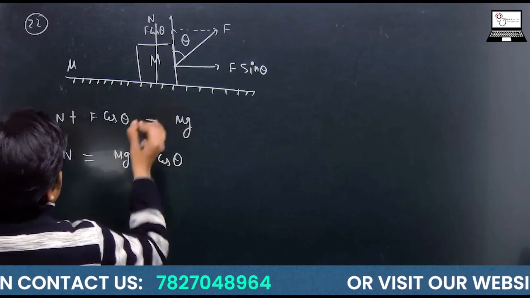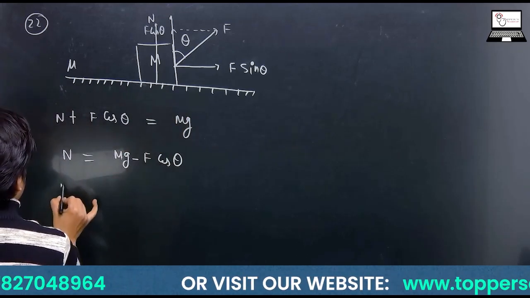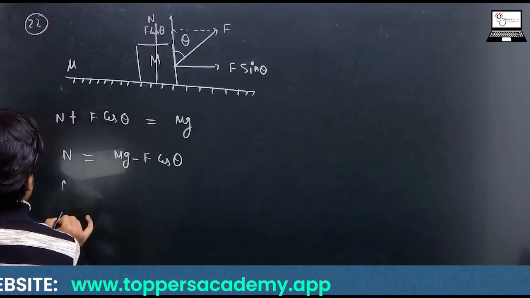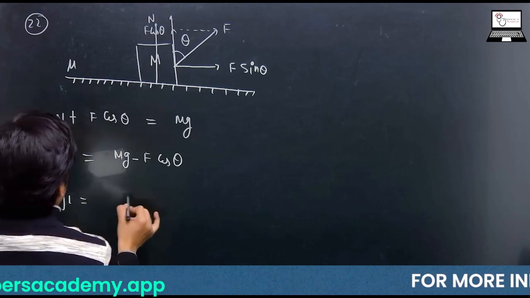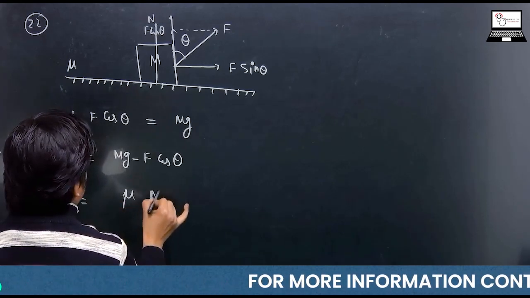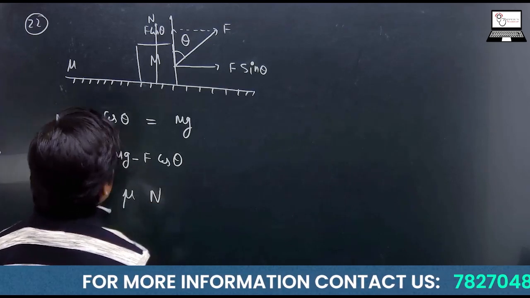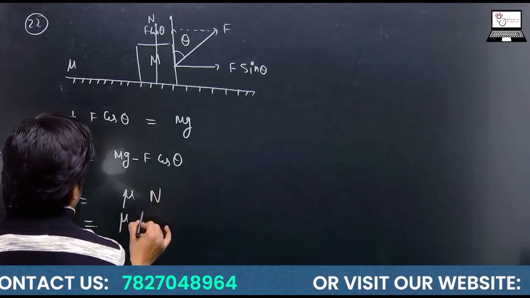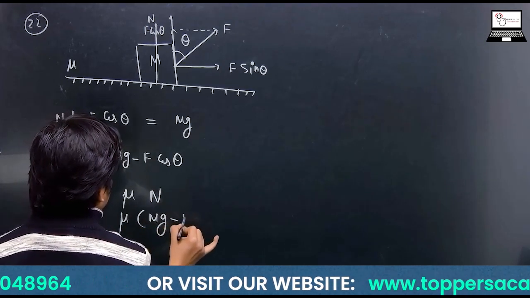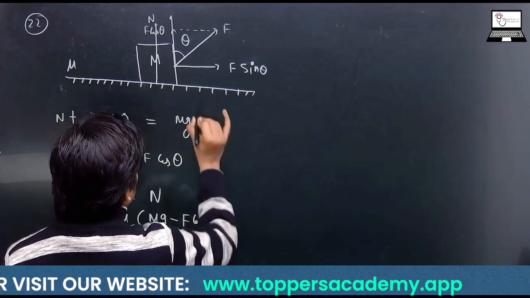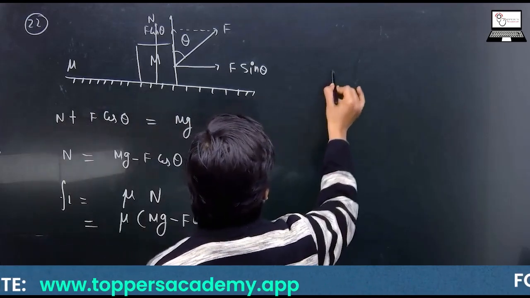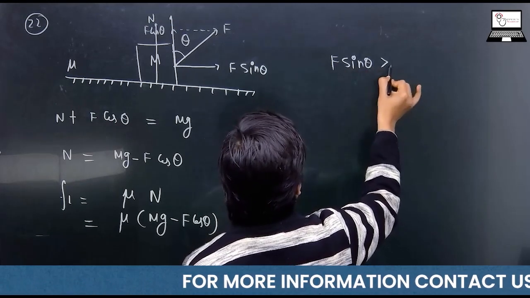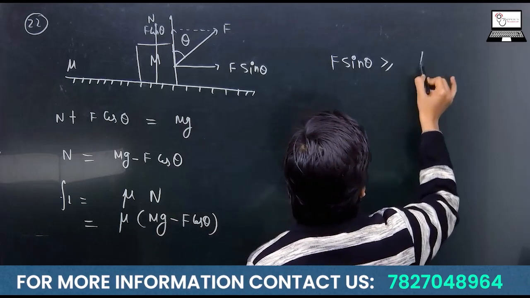What is the force of friction acting? If I write limiting friction, that will be equal to mu into N. What is mu? That is coefficient of friction. N is mg minus F cos theta. Now to move this block, the force F sine theta must be greater than or equal to the limiting friction.